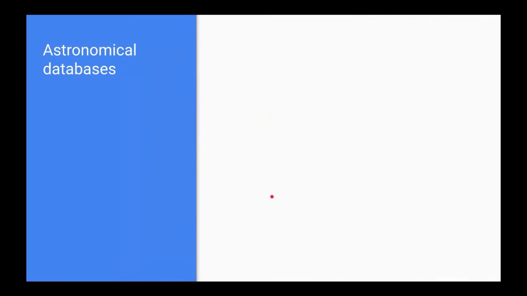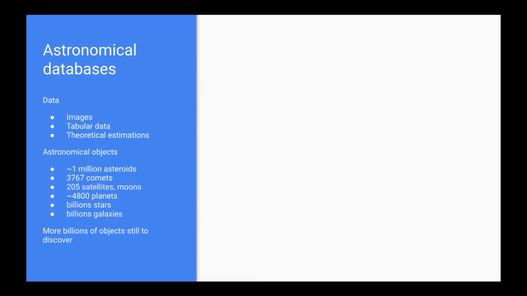So what we want to do is to use this information of the classified galaxies that comes from the astronomical databases. Astronomical databases contain different kinds of images, tabular data, and even some theoretical estimations, from very huge amounts of different astronomical objects. And there are even more objects to come with the next generation of space telescopes and even ground-based telescopes.